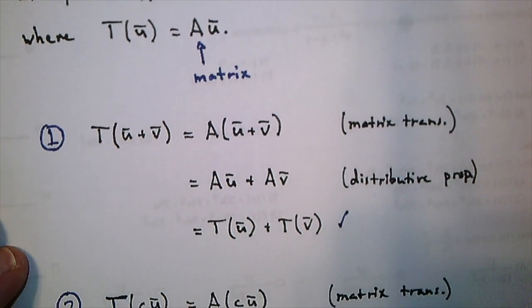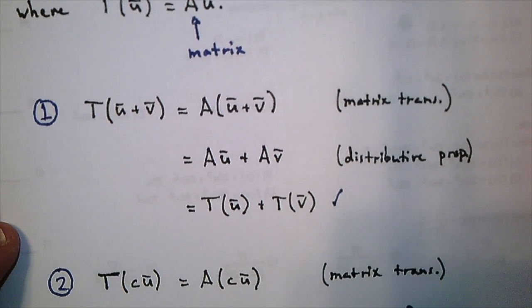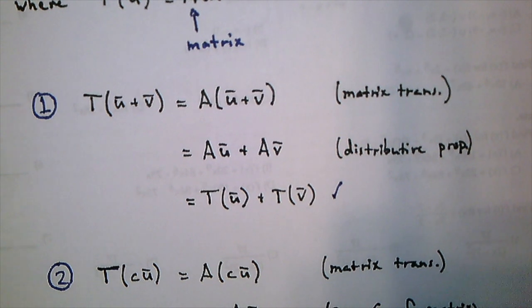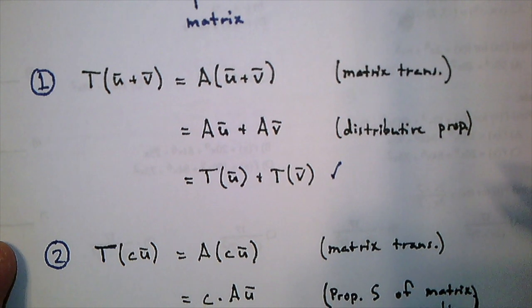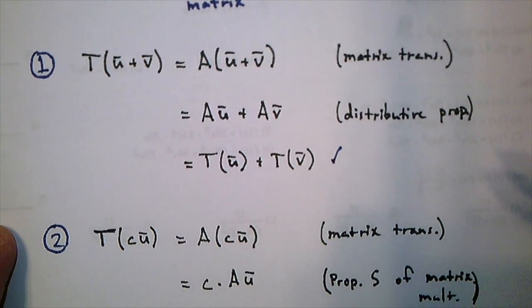Now we move on to the second property of linear transformations. This time we'll plug in a scalar times the vector u. Again, T is a matrix transformation, so this is A times (c times u). And then we have to think back to properties of matrix multiplication.